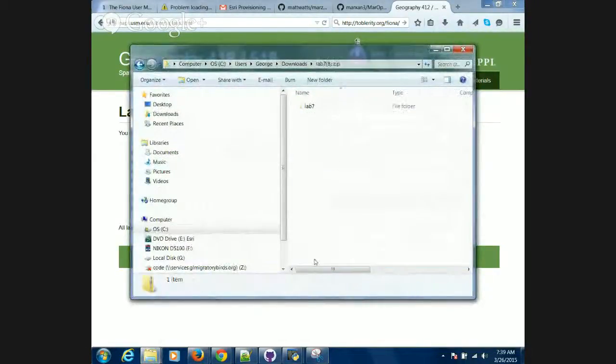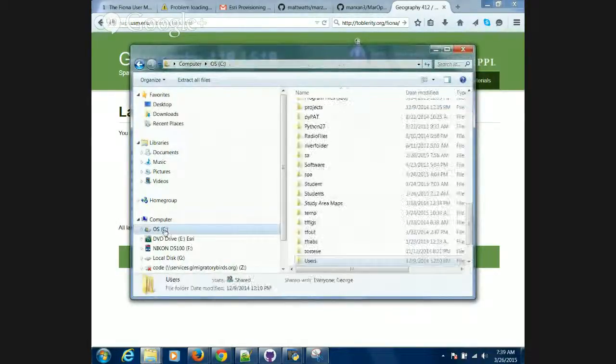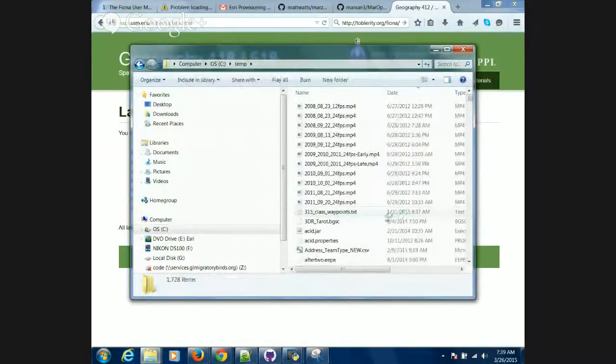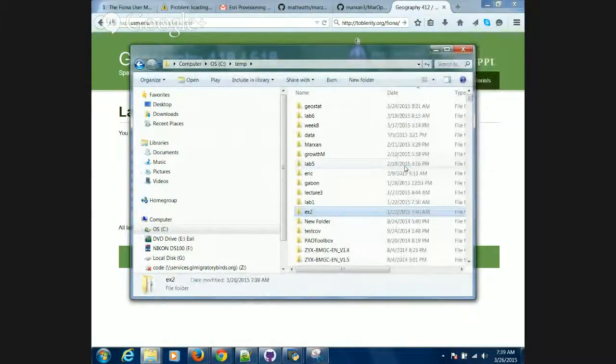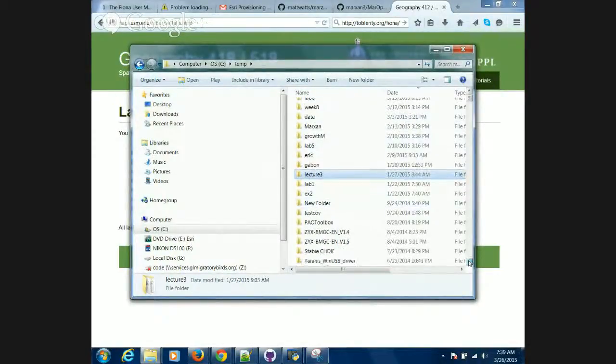I'm going to open it and take the data and save it on my local computer somewhere. I'm just going to put it in C:\temp\lab7. Save it there.